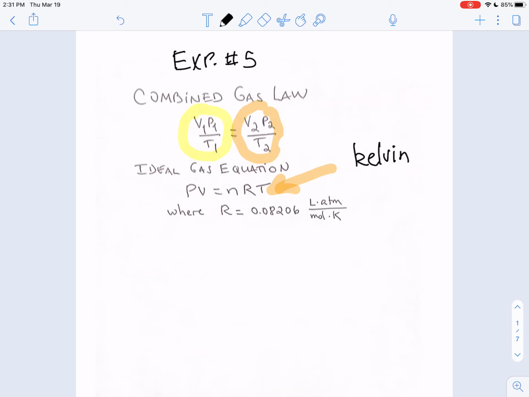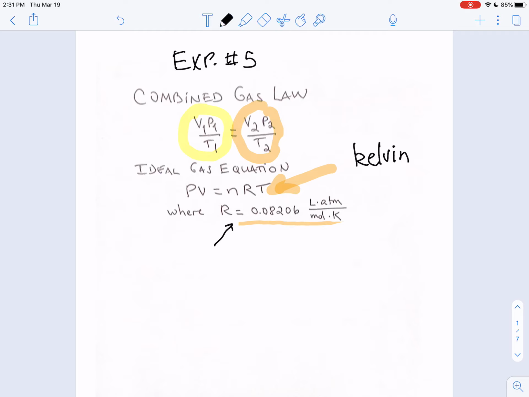In other words, we have to go in Kelvin here. All right? In this equation, R is the so-called gas constant, and it has a value of 0.08206 liters atmospheres per mole per Kelvin. Now here's what we have to remember: how was that value obtained?